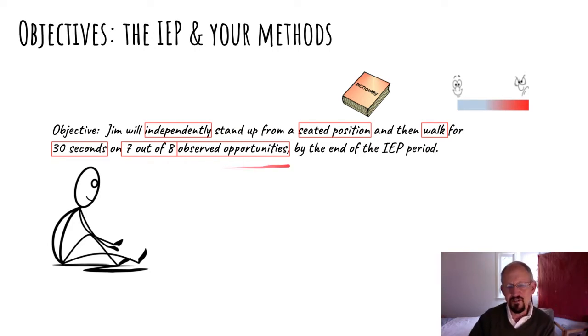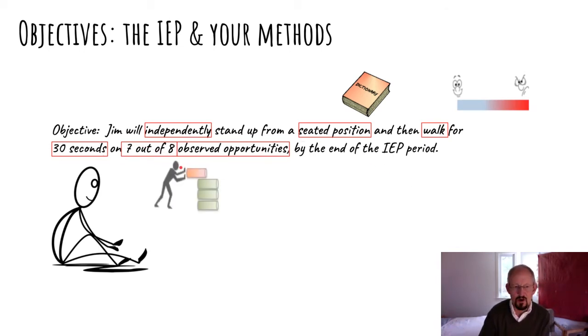So the problem is I've got two measures. He stands up successfully and then he walks for 30 seconds. So I'm timing it and he's going to get up. The 7 out of 8 opportunities, of course, is that benchmark piece. And here, methodologically, I owe some information on over what time span those opportunities are occurring.